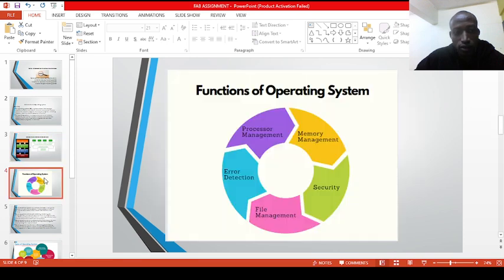So we have the functions of the operating system, and the first function of the operating system is memory management. We also have the security aspect. We have the file management, we have the error detection, and we have the process management. Let us look at what each of these particular functions entail.